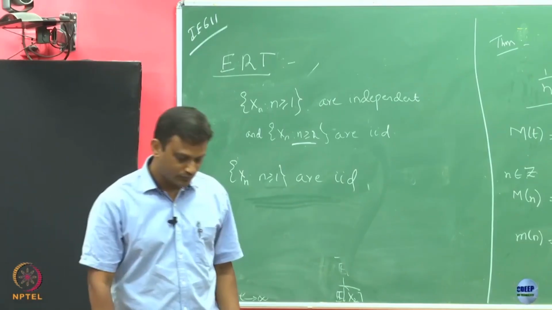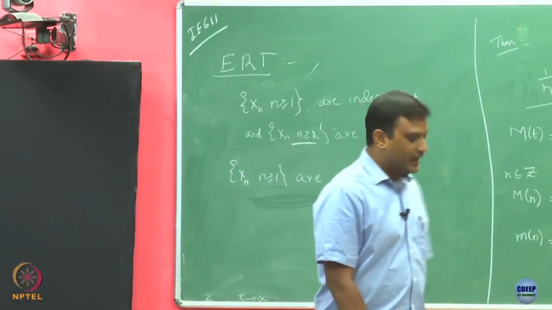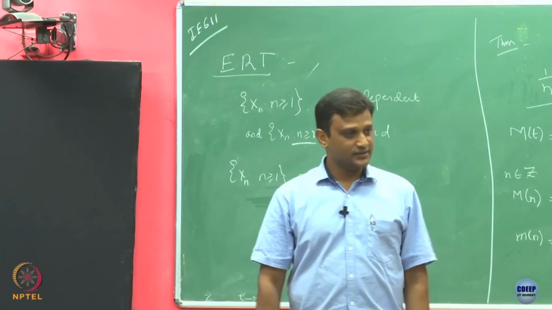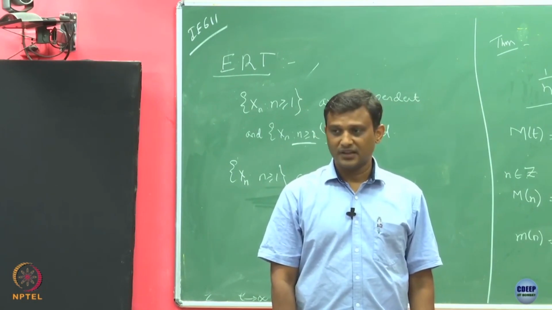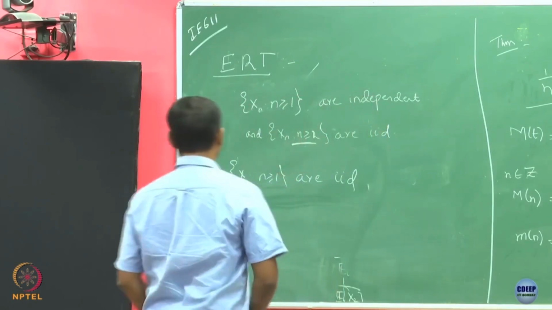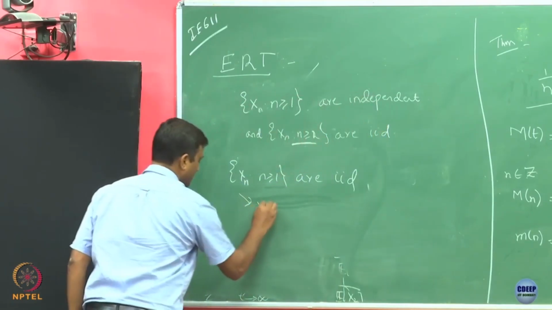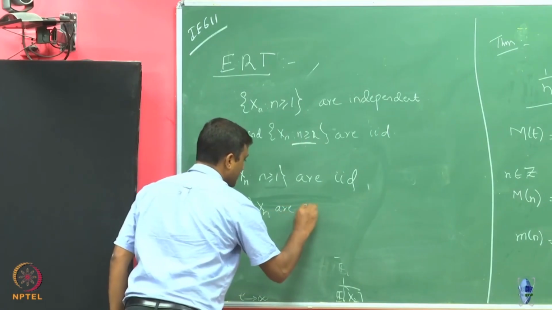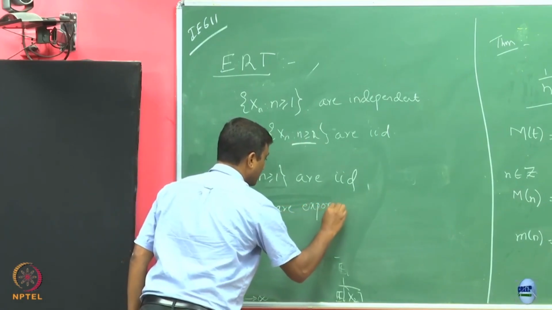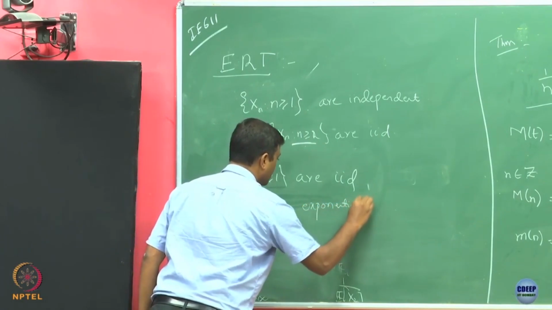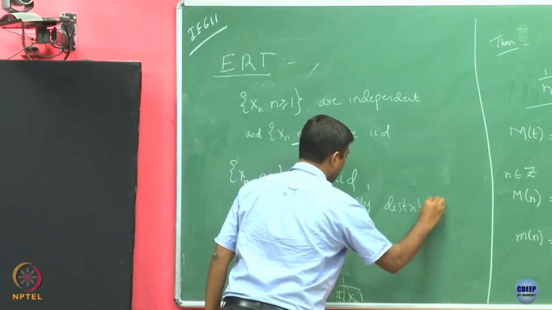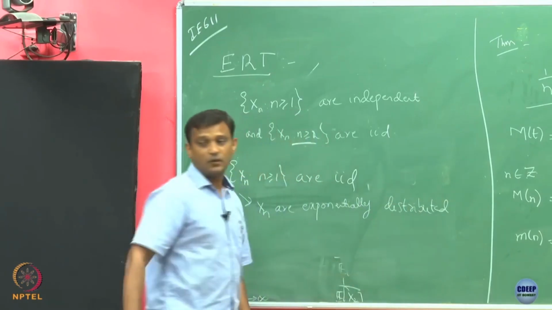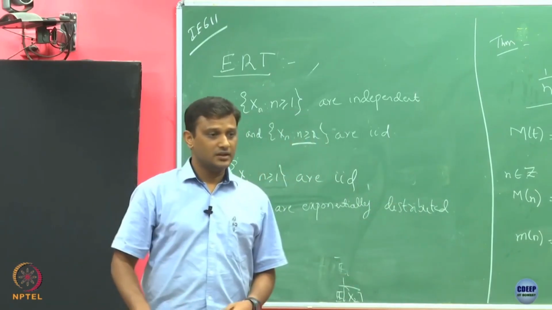Now actually we have already looked at a renewal process where these X's were exponentially distributed. What was that process we called? Poisson, right.